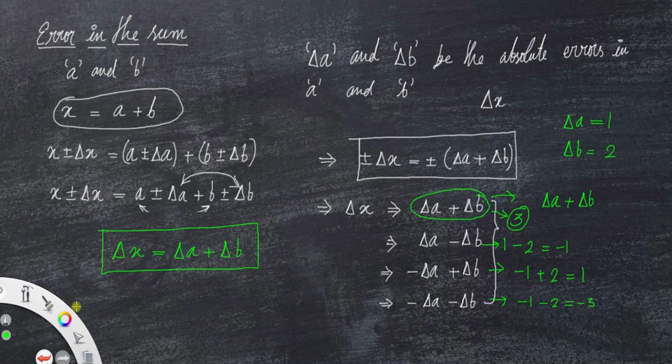Now let's consider an example. Let's take a steel bar. Let's represent its length, let's say L1, which is equal to 3 plus or minus 0.01 meter. That means the measurement including the absolute error.